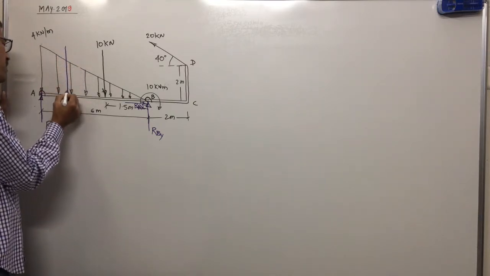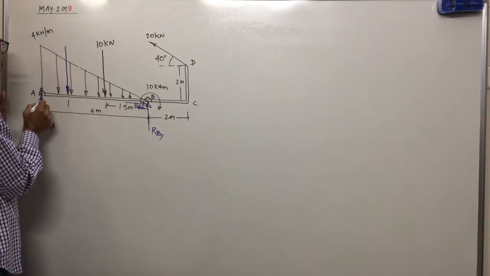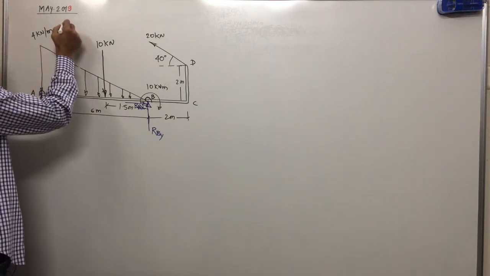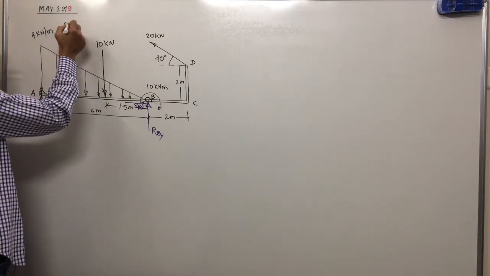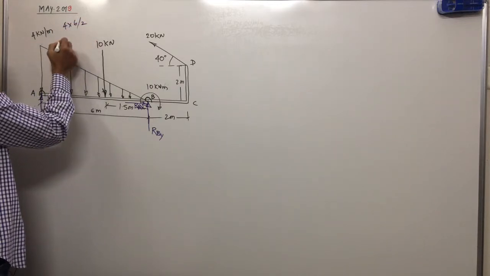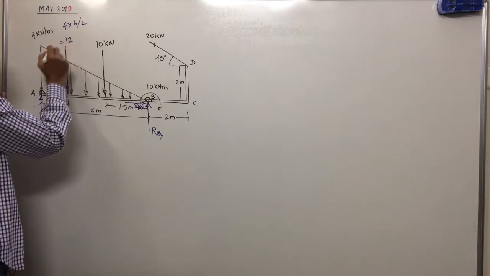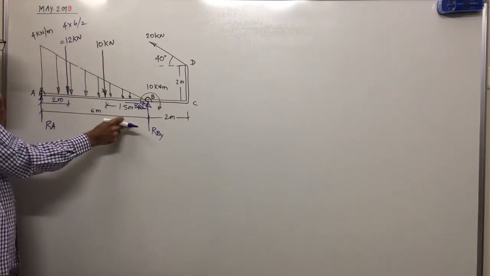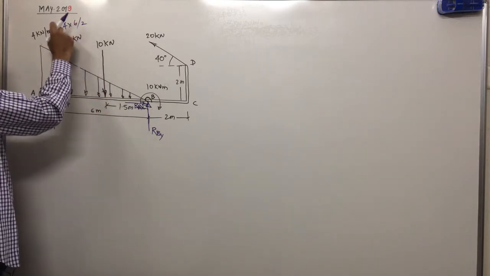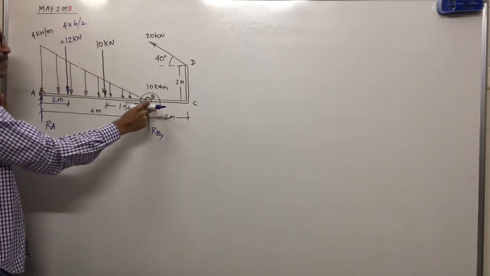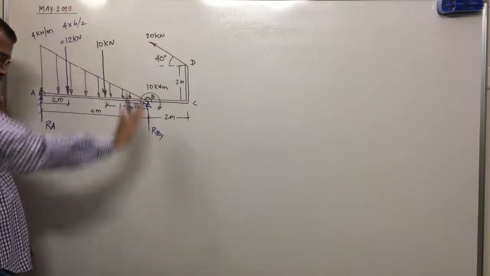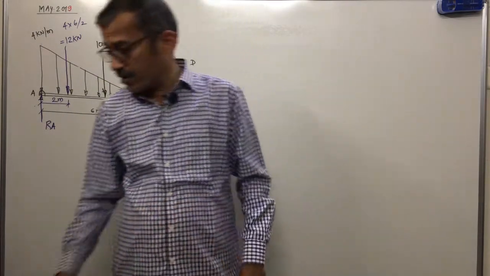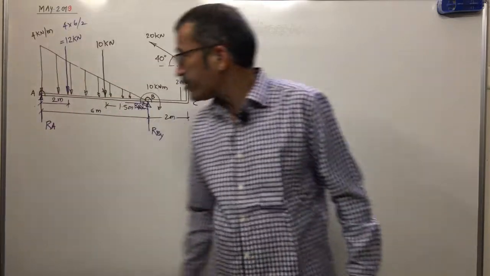So we represent one equivalent load at 2 meter from A. Magnitude of load is WL by 2, that is 4 into 6 divided by 2, 6 into 2, how much? 12 kilonewton. Correct? This is 10, this is 20. First class. Next step is what? Apply equations of equilibrium and find out the unknowns.